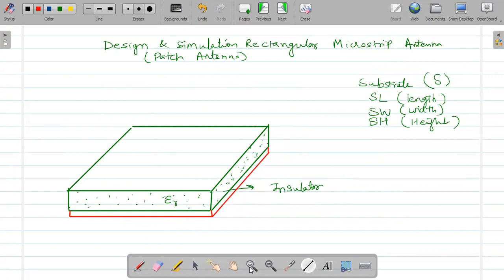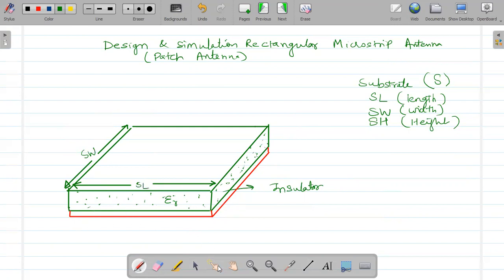So the length between these is SL, and the width between them is SW, substrate length and substrate width.